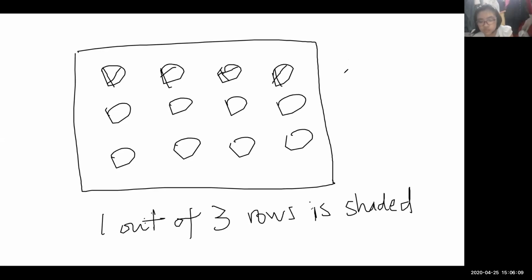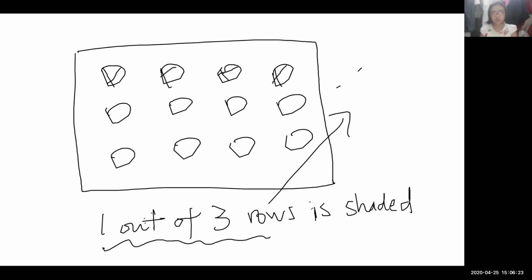So 1 out of 3, what's the fraction for 1 out of 3? Release your mouse first. The fraction is 1 over 3. Very good. So you times what? What is the total number of shapes inside this rectangle?